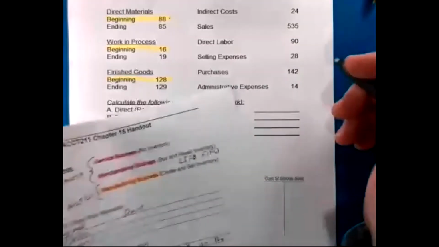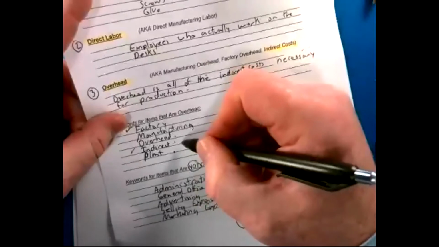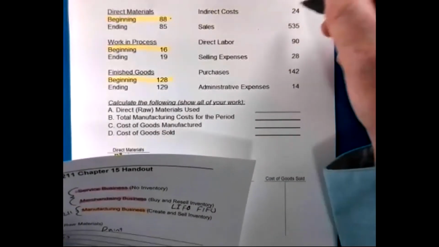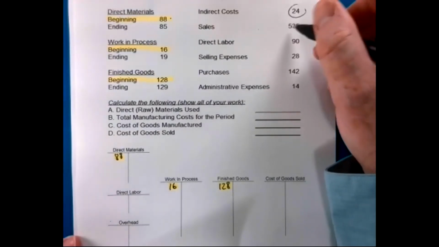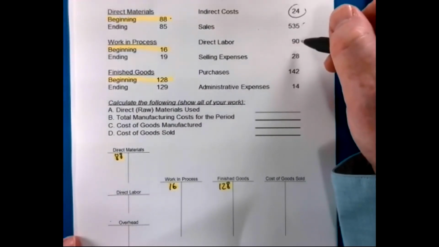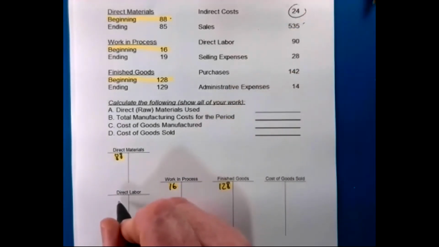All right, so coming here, indirect cost. Indirect cost is overhead. So this will be overhead. Sales is not. Direct labor is direct labor.